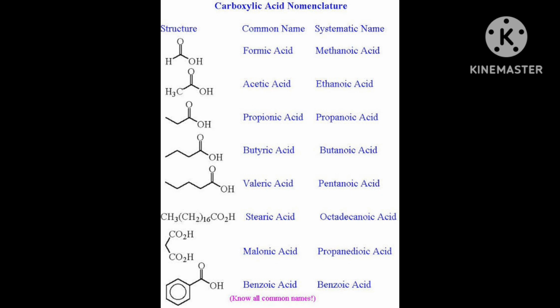Why? Because in the bond both shared electrons, carbon one electron and oxygen one electron. Both electrons are taken by oxygen, which became negative, and carbon became positive because it lost the electron. This is the second structure.